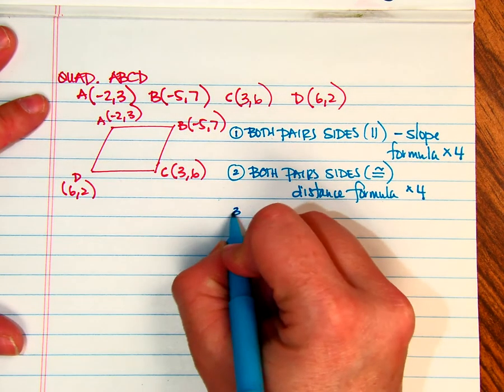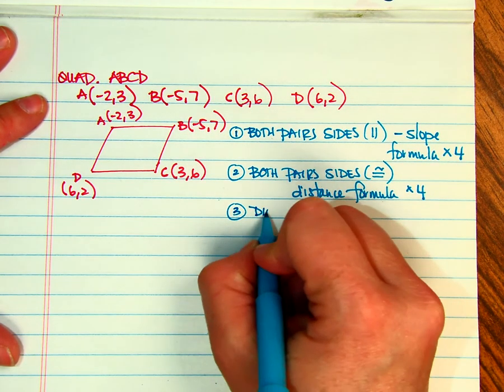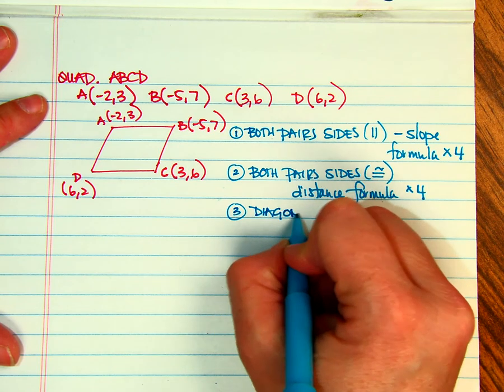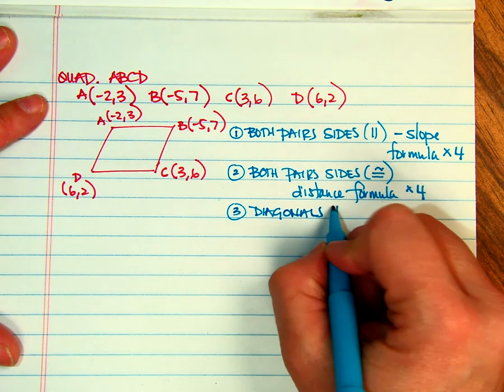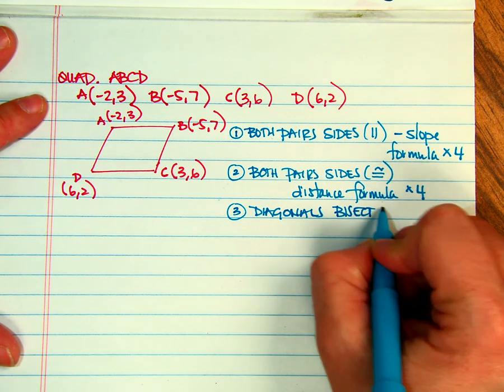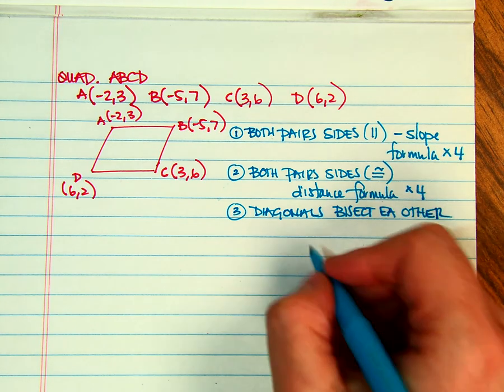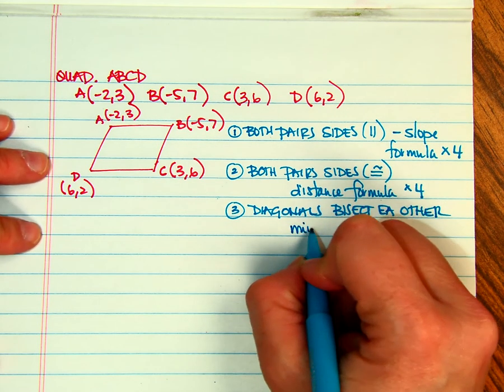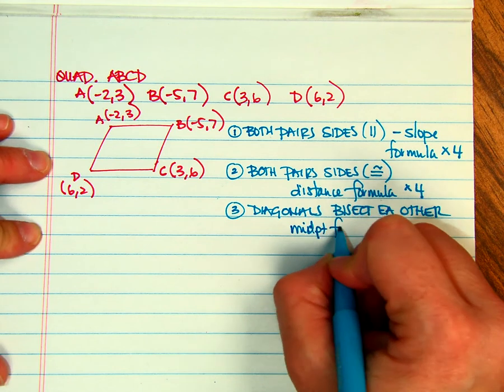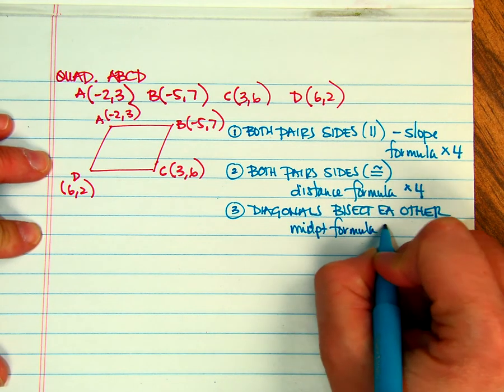Or I could prove that the diagonals bisect each other. So that means I'd have to use the midpoint formula twice.